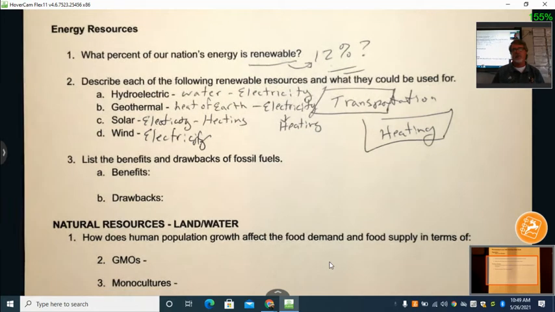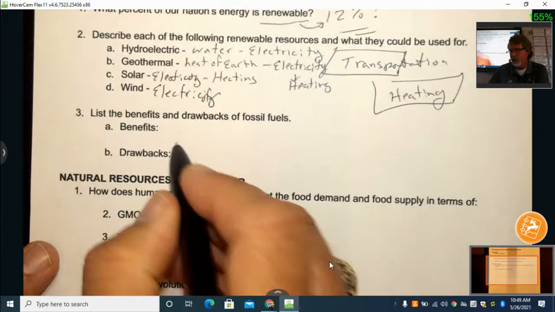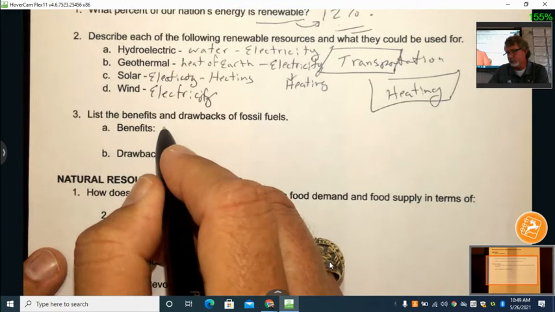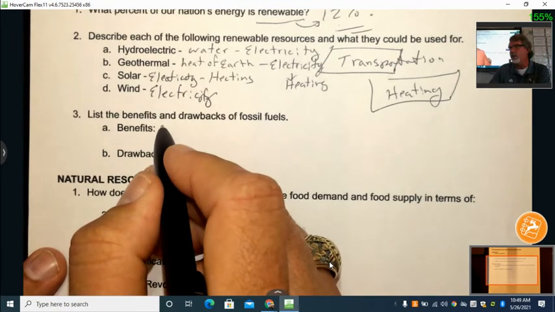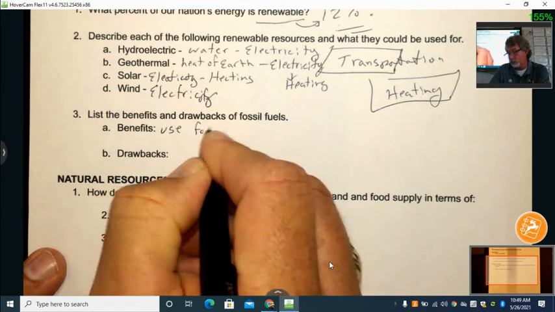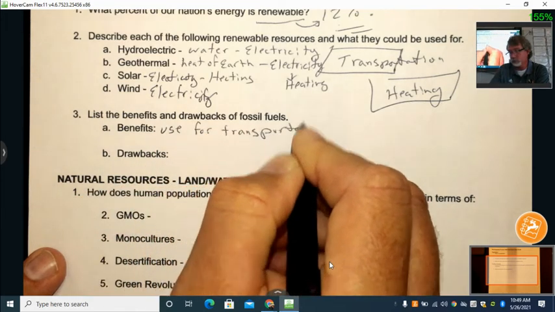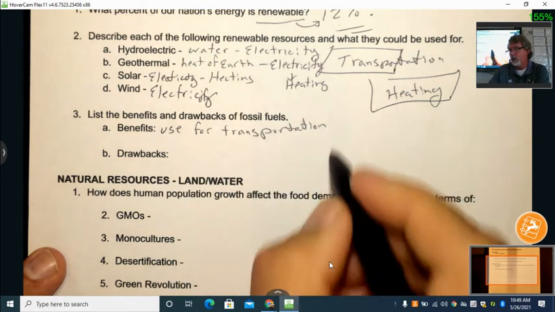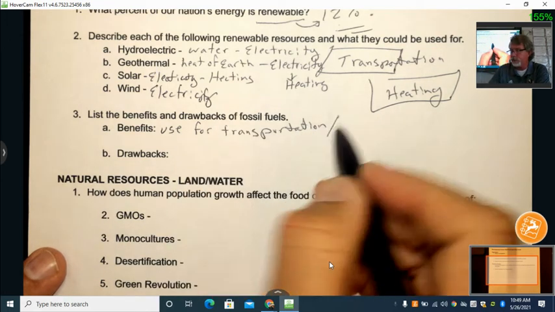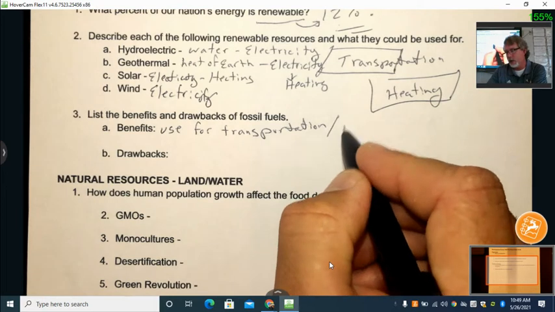What are some benefits and drawbacks of fossil fuels? Well, the benefits are it's efficient, and we use it for transportation. I also want you to think about here that it releases a lot of energy.